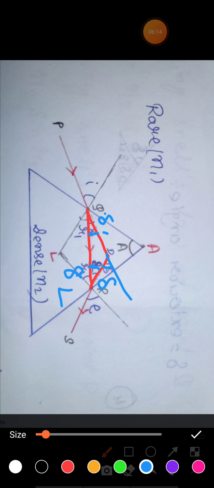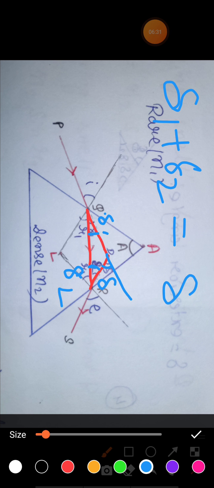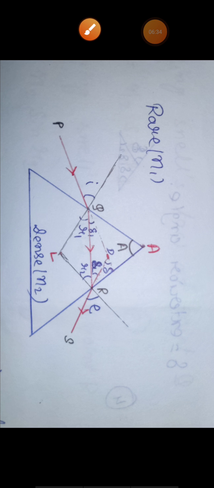You know that in a triangle, the sum of the two interior angles is equal to the outer angle. So delta 1 plus delta 2 is equal to the outer angle, which is delta. Or you can write delta is equal to delta 1 plus delta 2.